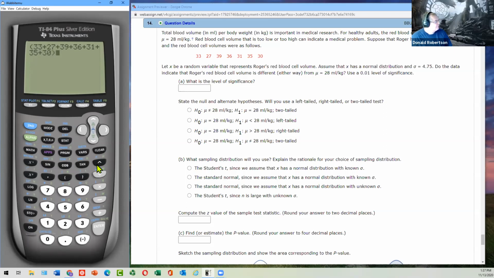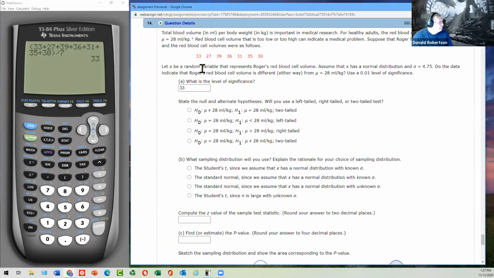Right, that's them all added up, and I'm now going to divide it by, is it 7? 1, 2, 3, 4, 5, 6, 7, divided by 7. And so, oh, okay. Kind of surprised it was such a nice number.